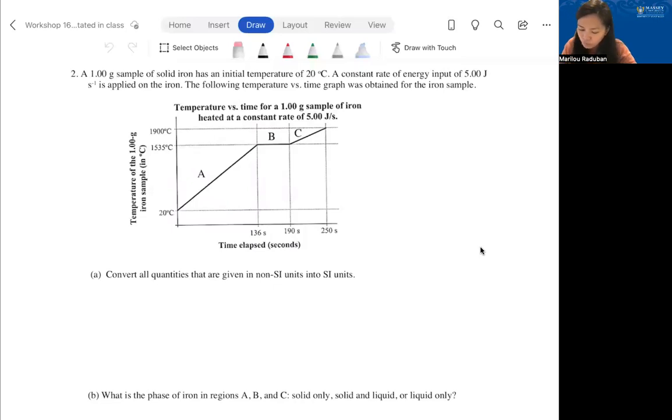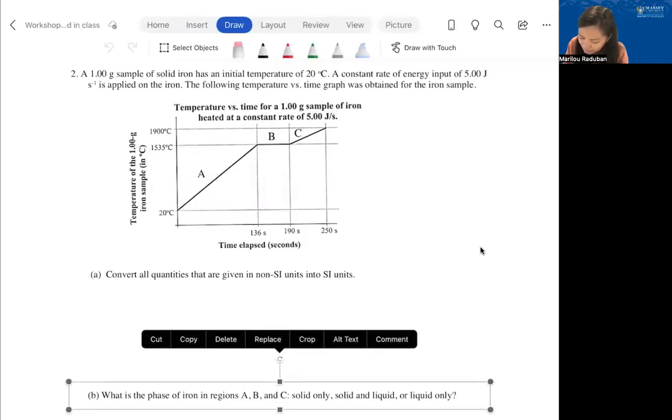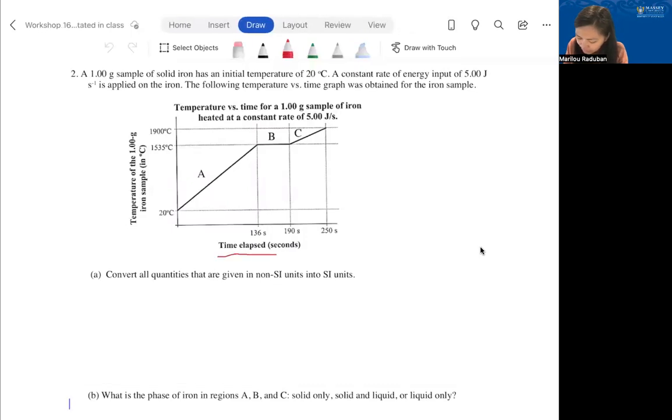So I just wanted to point out something here, because the graph looks similar to what we've seen in the lecture, but it's a bit different in the way that the x-axis is given in time. So the time when the heat is being added to the material.